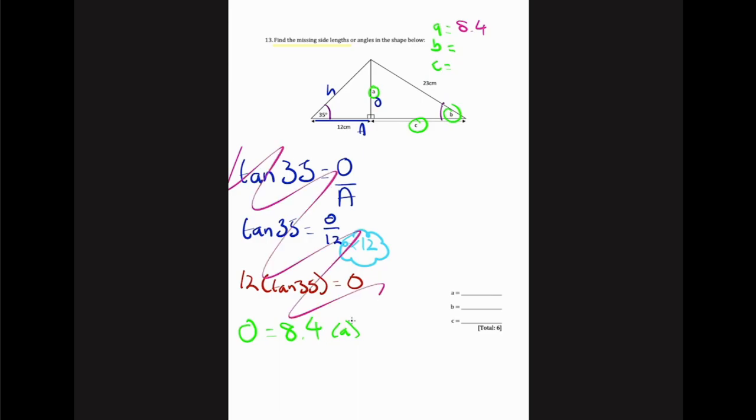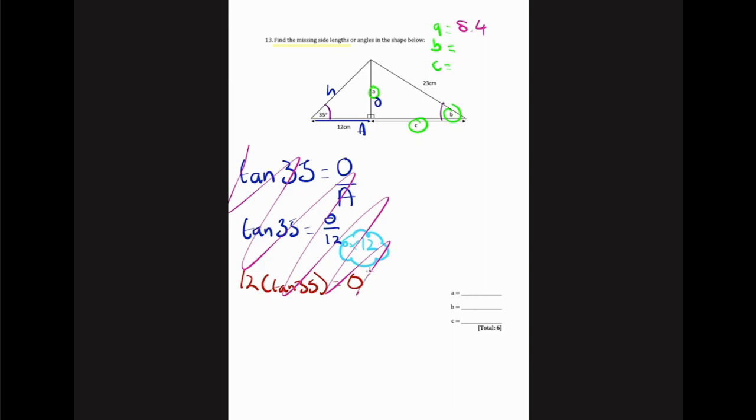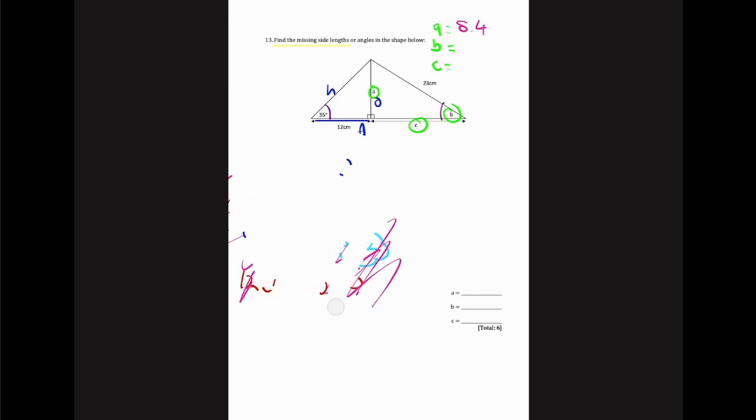Okay, I'll rub this out, if it will work. So the next thing that we need to find is B. In this case, we need to find the angle, which will be quite harder. So we have found A, that is 8.4, and we have the hypotenuse.